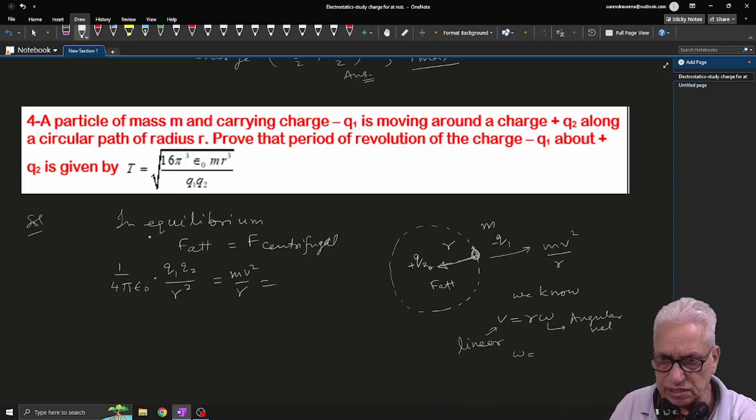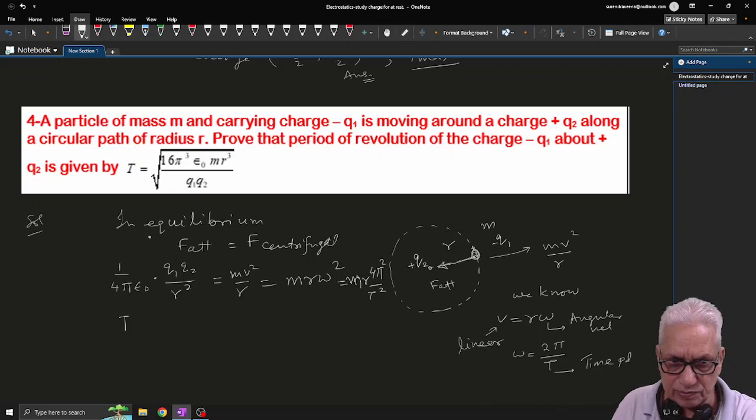And we know this relation also, omega is equal to 2 pi by T, where T is called time period. Time period is the time taken to complete one circular path. So if we replace it here, it can be written m r omega square, and omega will be 2 pi by T, so it can be written as m r 4 pi square divided by T square.